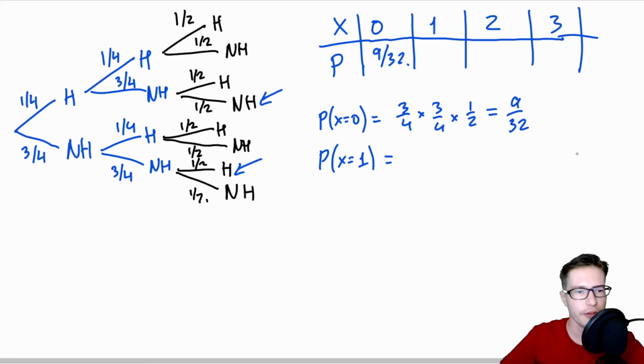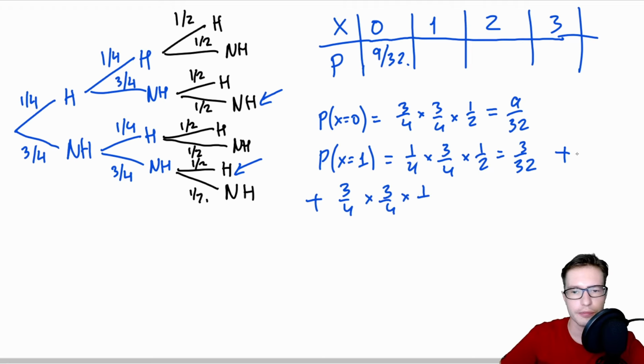The probability of the first scenario is going to be 1/4 times 3/4 times 1/2. That is 3/32. And then the second scenario, 3/4 times 3/4 times 1/2. That's 9/32. And combine them together, that's 3/8.